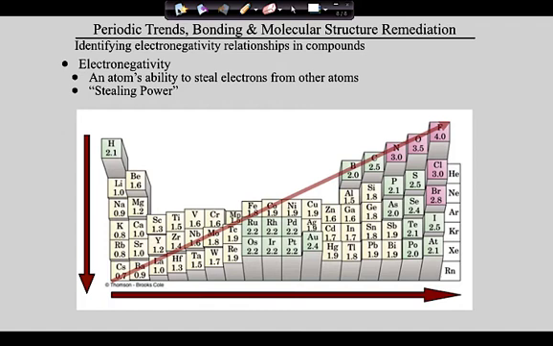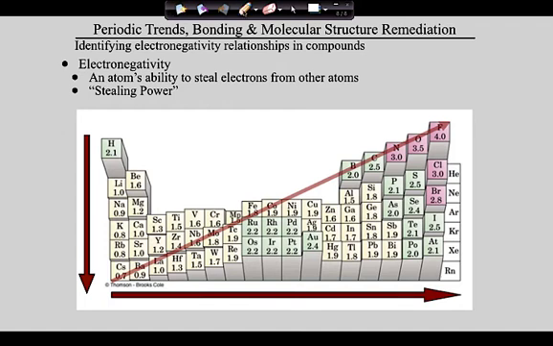What you can do is simply grab your periodic tables and flip them over onto the back. When you flip them over, you'll notice in the key in the lower left-hand corner that electronegativity is the number in the upper right-hand corner of each one of the cells of the periodic table. So if you need to identify which element in a compound is the more electronegative, all you simply have to do is look them up on the periodic table and compare.